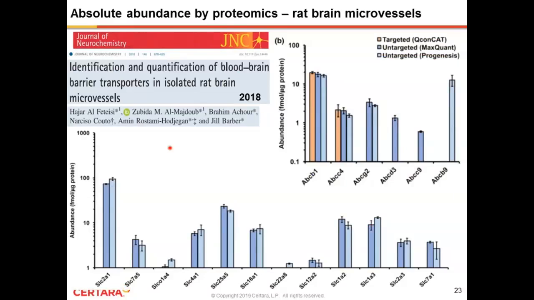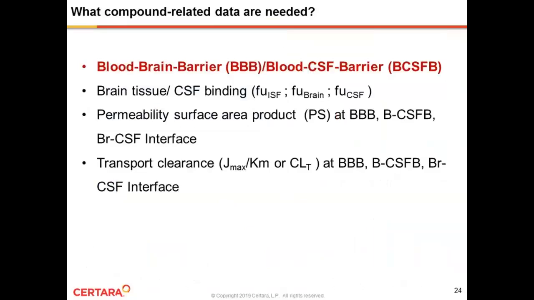This is one of the recent results that have come out from them. These are the absolute abundances of different transporters in the rat brain microvessels, which will soon be incorporated in the Simcyp Animal Simulators.